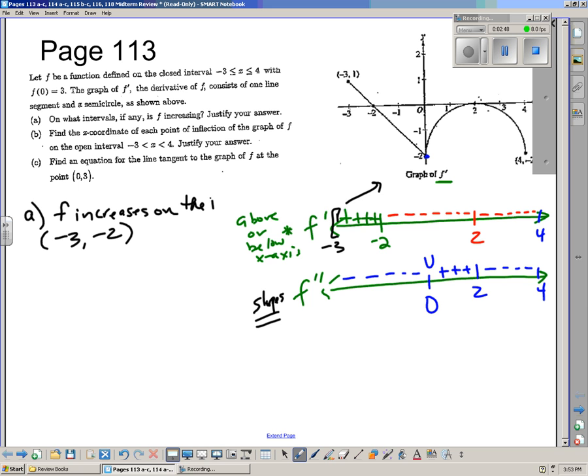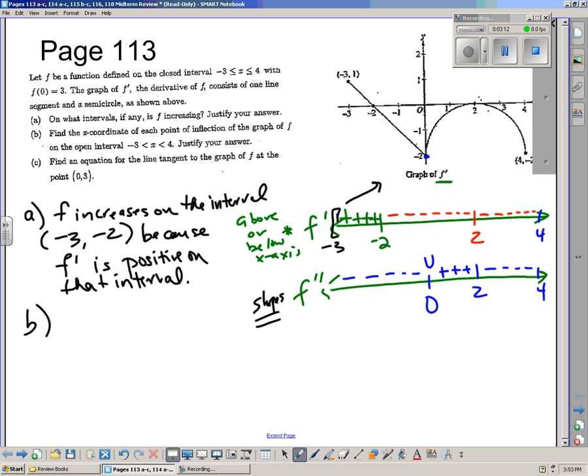So I'll even say the interval. Well, why? The reason is simple. f prime is positive on that interval. Done. So once the number line is drawn, once you do that analysis, the questions are easy.